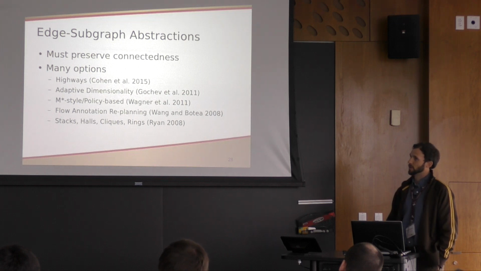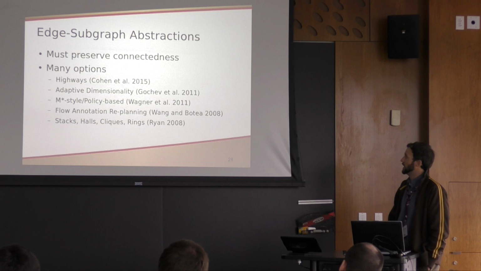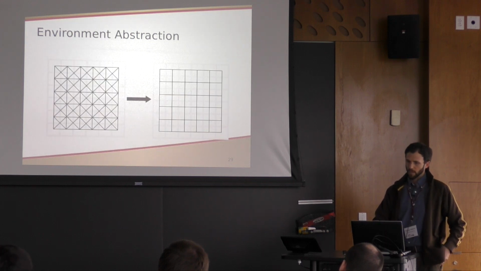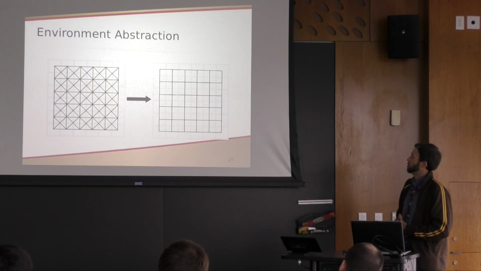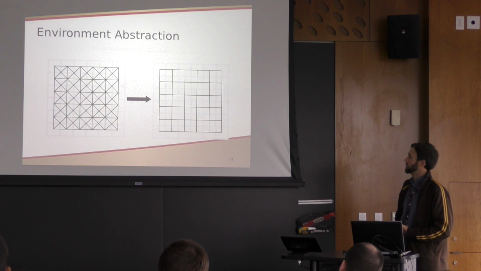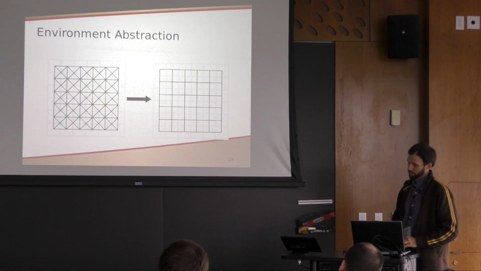Otherwise, we may destroy a path from start to goal for any of the agents planning on the grid. Also, there are many options with which we can create edge subgraphs. And here's an example of creating an edge subgraph. So we've taken an 8-connected grid, and we've simply deleted all of the diagonal edges to create a 4-connected grid.